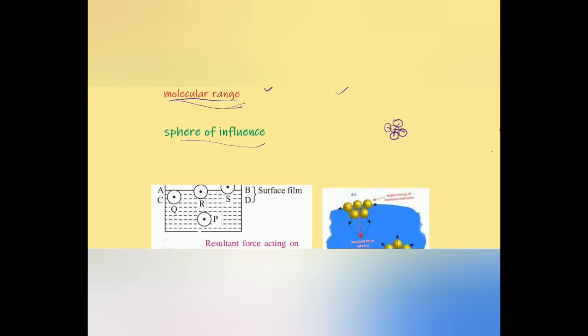Then what is sphere of influence? If you draw a sphere with the molecule as center and the molecular range as the radius, then that sphere is called sphere of influence.